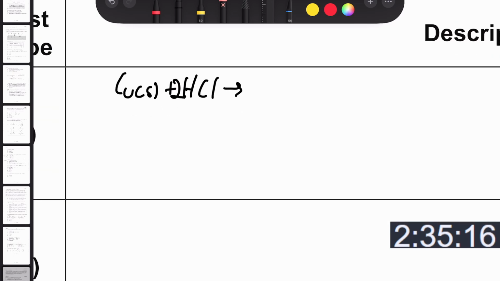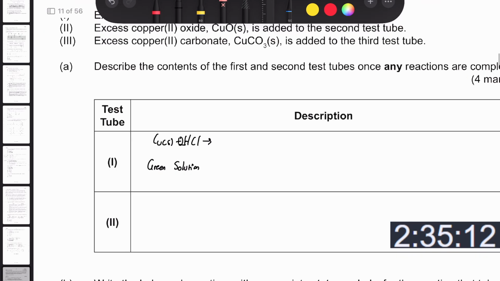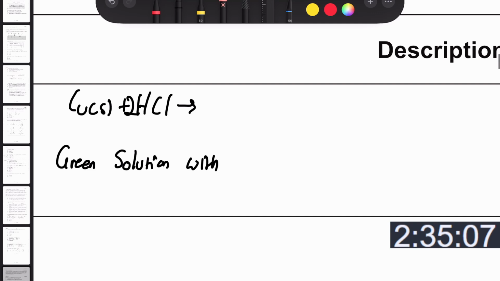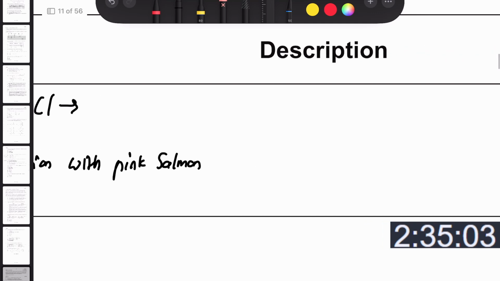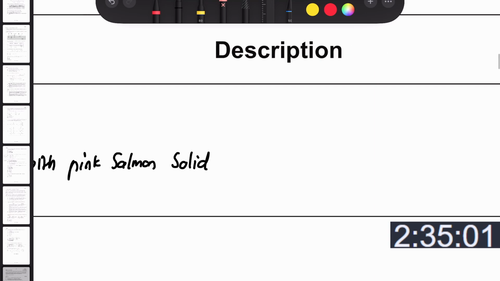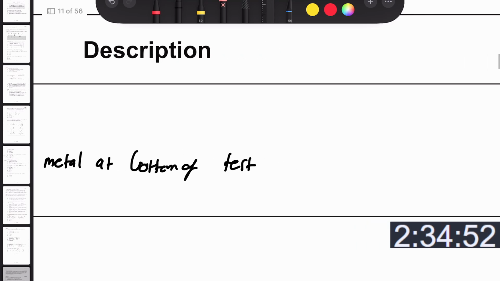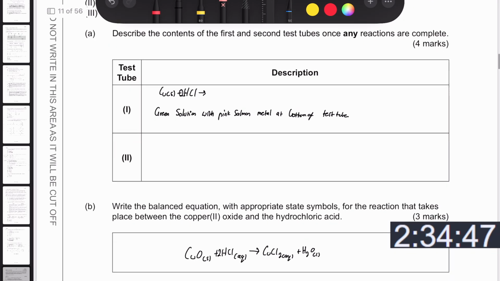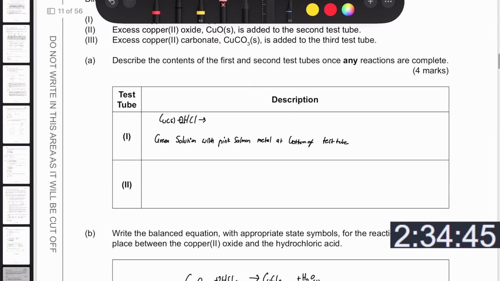I'm going to say green solution and its excess copper metal with pink salmon solid with pink salmon metal strip. Of the test tube. Are they going to be the same? Any reactions are complete.